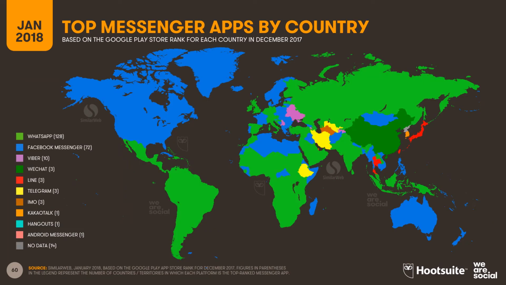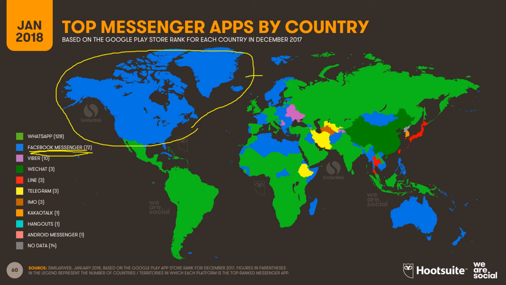Yeah, previously we talked about Facebook, right? So now Facebook is here. Don't think that Facebook is common in the whole world. Most likely it's only the United States, or some areas in Europe.